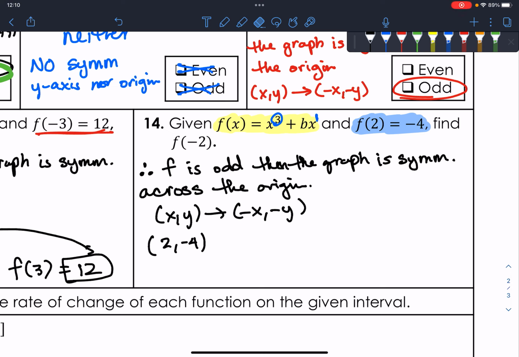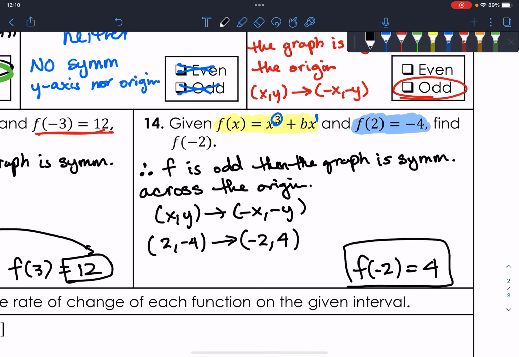So if 2, negative 4 is on the graph, then the opposite of 2, which is negative 2, is going to have the y value of the opposite of y. So our y value is negative 4, and we're going to get the opposite of that. So the opposite of a negative is a positive 4. So this point is also going to be on the graph, which is going to help us again answer this question and figure out the value of f of negative 2. So therefore, f of negative 2 is equal to positive 4. And there's your answer.